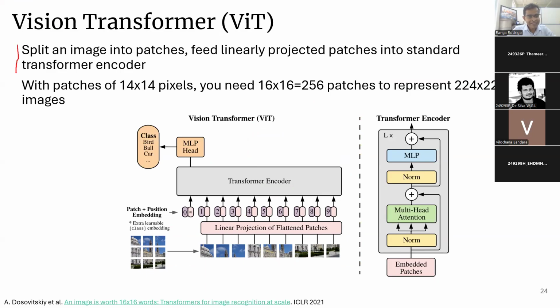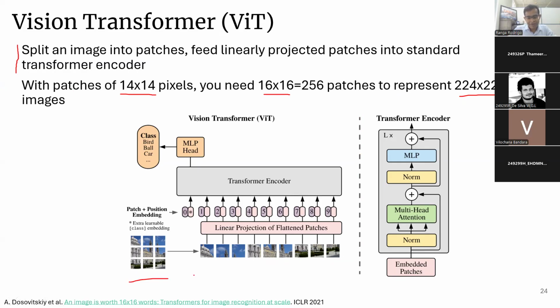Split the image into patches, and feed the linearly projected patches into a standard transformer encoder. They usually use 16 by 16 pixel patches, so we need 256 patches to represent a 224 by 224 image.